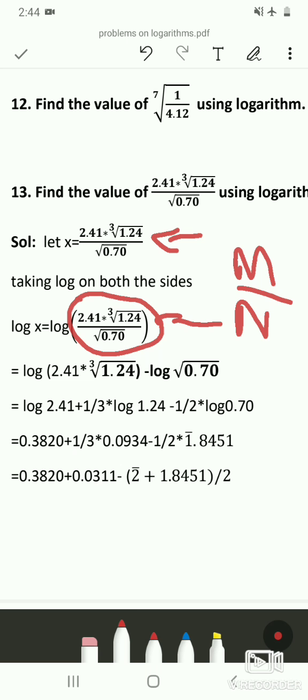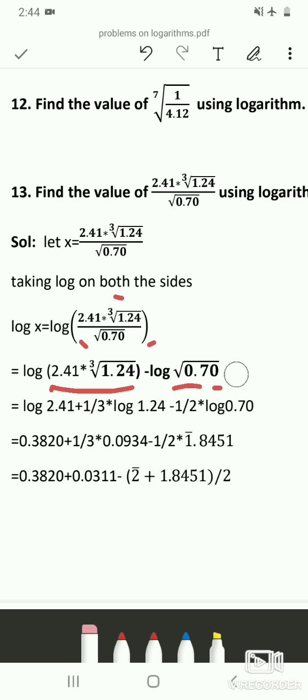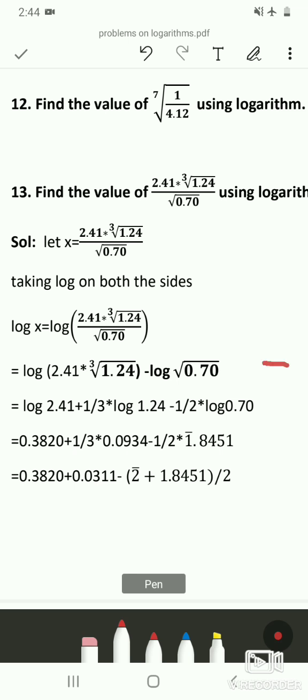So you'll get log of m minus log of n. So using the second law we have obtained this step, and now note that again this is of the form log of m into n, which can be written as log of m plus log of n.